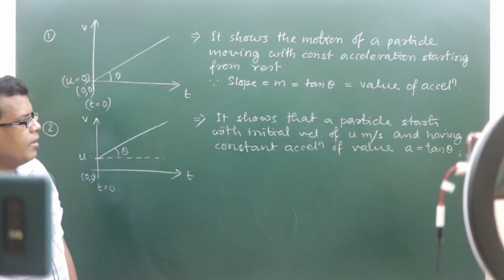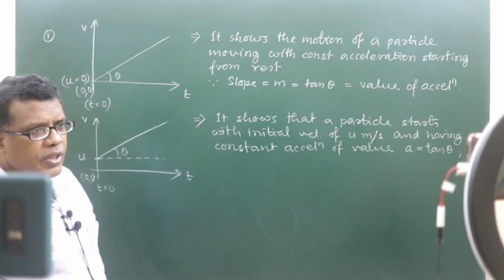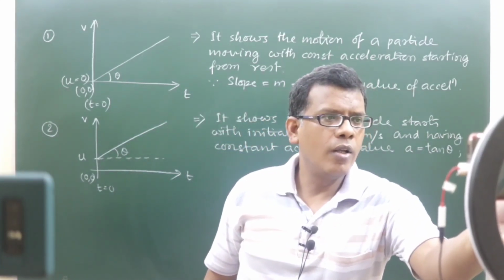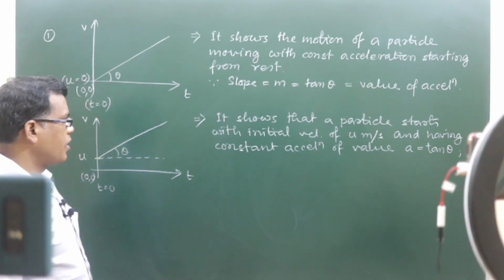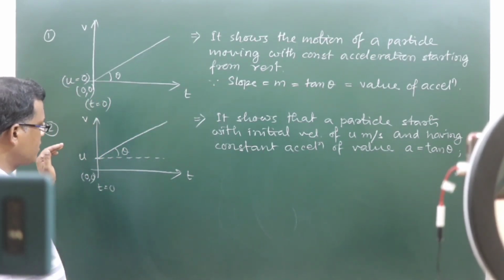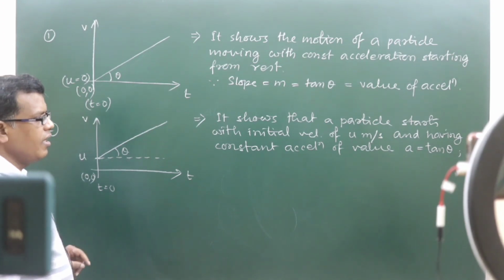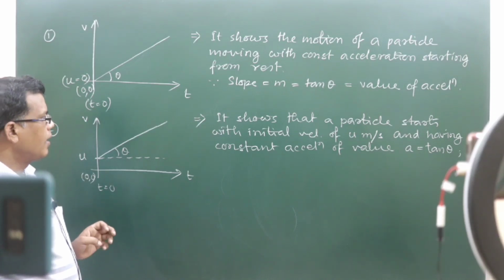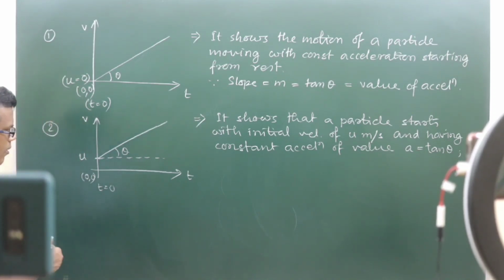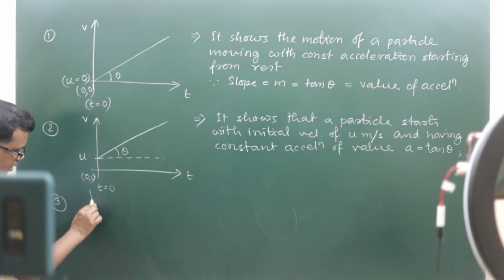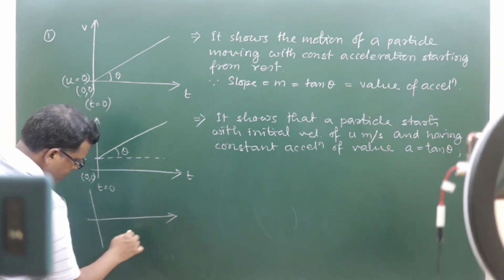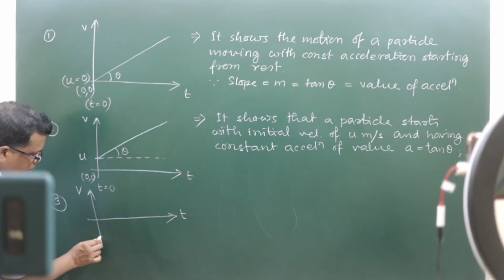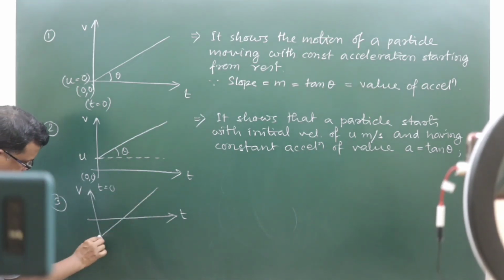Are you getting it? So whenever we draw the straight line, provided the particle begins with an initial velocity rather than starting from rest, its drawing will be like this. Okay, are you getting it? For example, if I draw another graph where still velocity is on the y axis and time on the x axis, suppose the graph is shown like this.